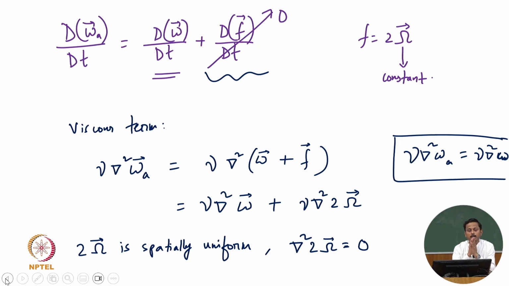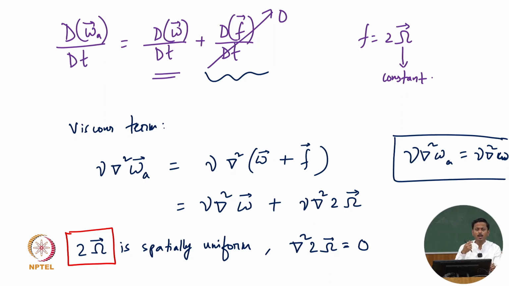This happens when there is relative motion between two adjacent layers. When there is a solid body rotation, where the whole frame is rotating at a constant omega, there is no relative shear between the neighboring particles. So they are at rest with respect to the rotating frame of reference.